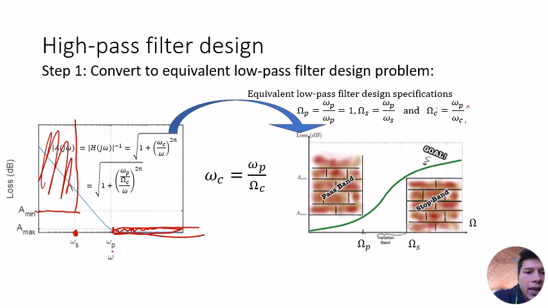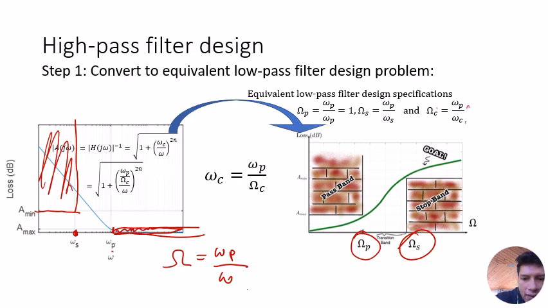And we're going to replace them with equivalent low-pass parameters, these capital omegas. Here is our transformation: we define capital omega as omega p over omega.